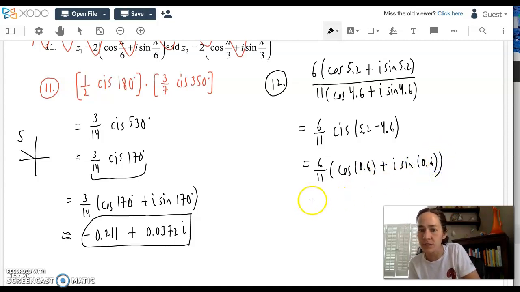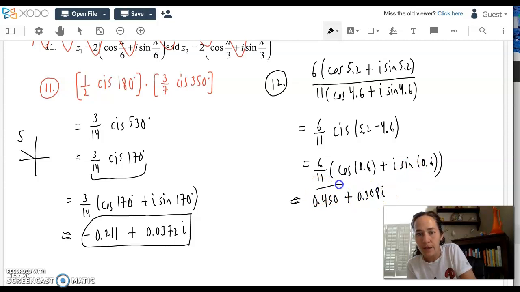Same deal, use the calculator. I would recommend radian mode for this one instead of degrees. You got 6/11 times the cosine of 0.6, again, approximation, nearest thousandth, 0.450. In the next spot, this is a quadrant 1 angle. Everything comes out positive here. 6/11 times the sine of 0.6, 0.308 i. And then we've got it.